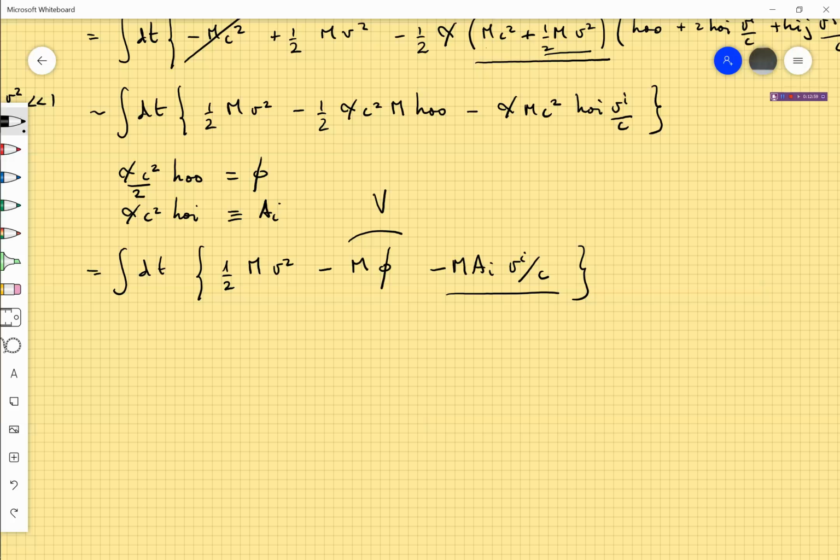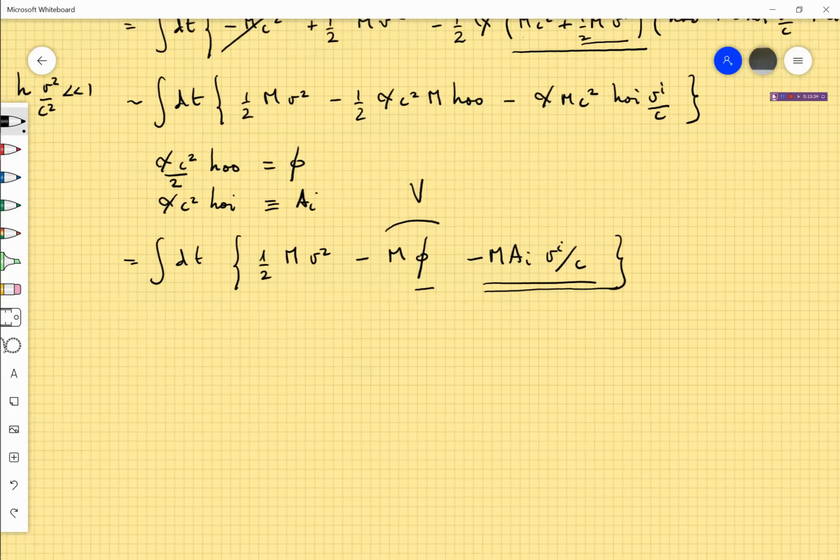You cannot survive with just a gravitostatic potential like this phi, just like you cannot survive with electrostatic potential only. You need something else, because otherwise you would violate the principle of special relativity, and you would not have waves and other effects, and you would have instantaneous propagation. So something like this is expected, and indeed this gives rise to what are called gravitomagnetic effects.